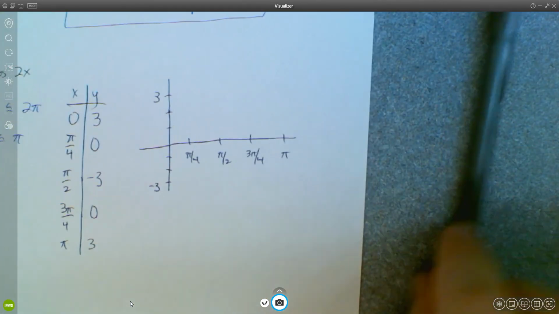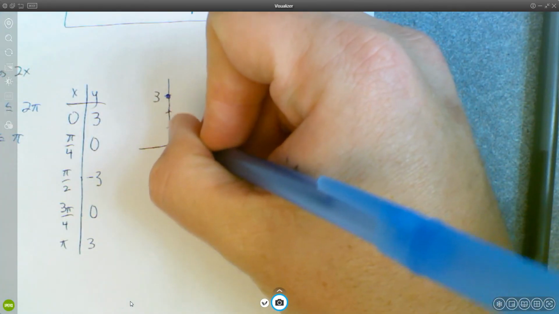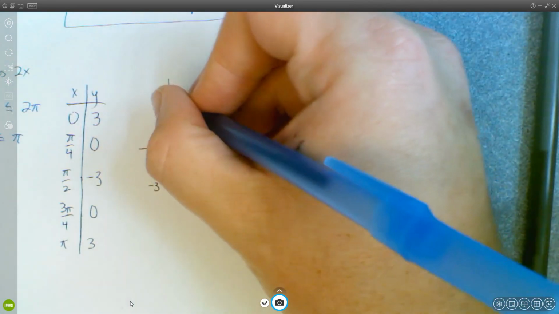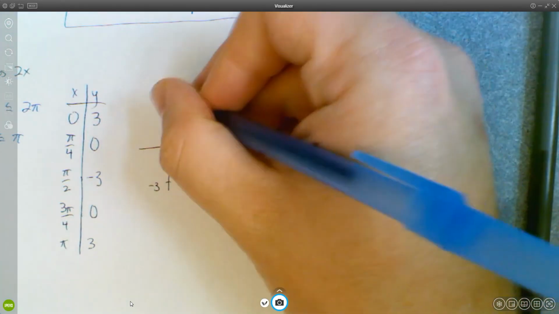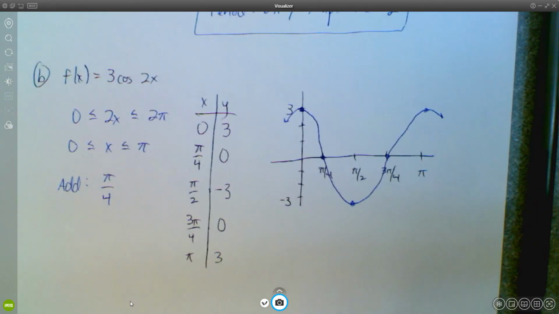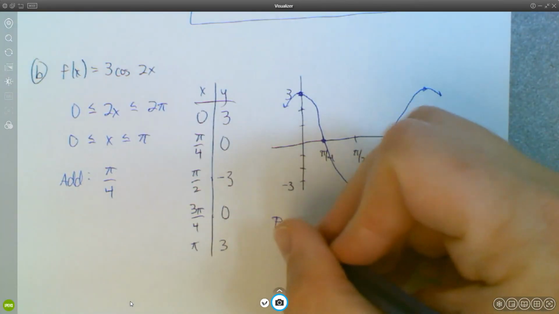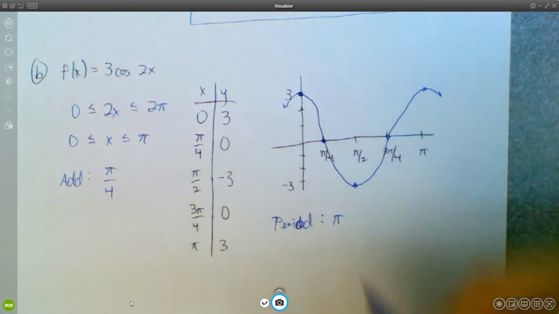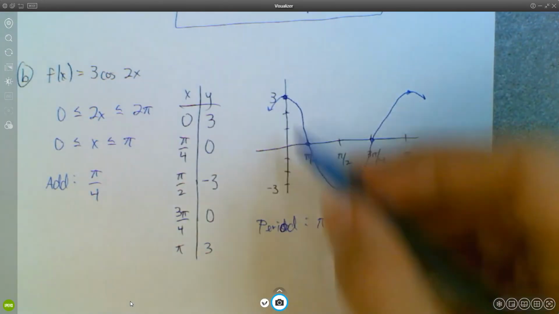So start at 3, down to 0, -3, 0, 3, and that's one copy of the period. Okay, so that's 3 cosine 2x. The period in this case is pi, and the amplitude is 3.